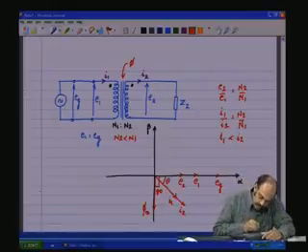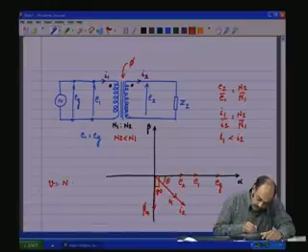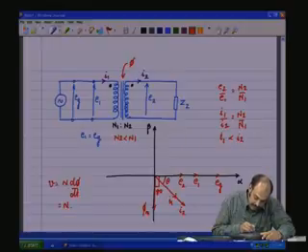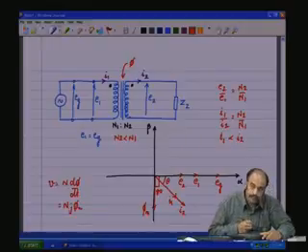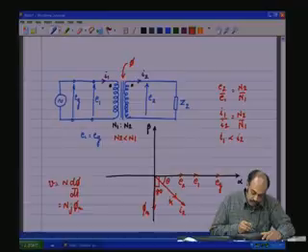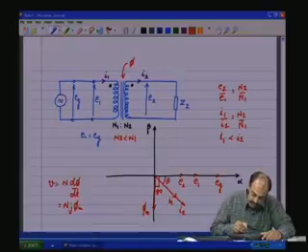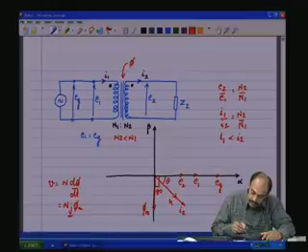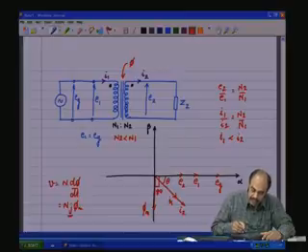This is because we have V equal to N d phi by dt, which gives N j omega phi m. So, we see that the voltage vector is the phi m vector direction rotated by 90 degrees because of the j, and that is what this j operator means. So, phi m should lag voltage by 90 degrees.